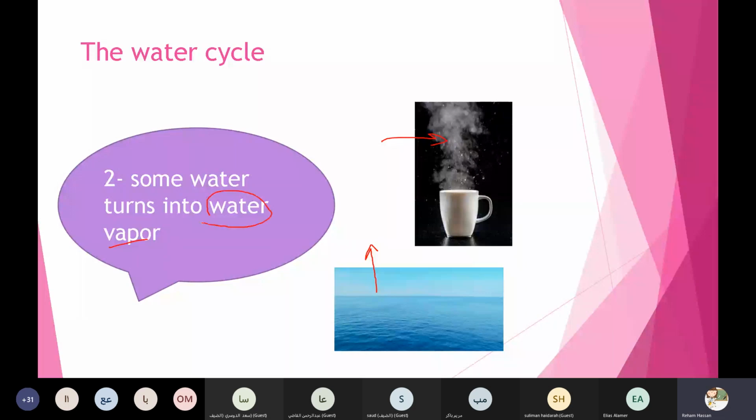Yes, Abdulaziz, it turns into water vapor. Can you repeat after me? Water vapor. Water vapor. Yes, water vapor. Thanks a lot.